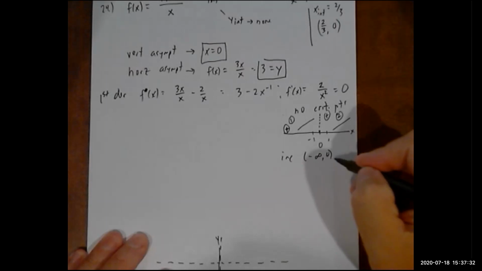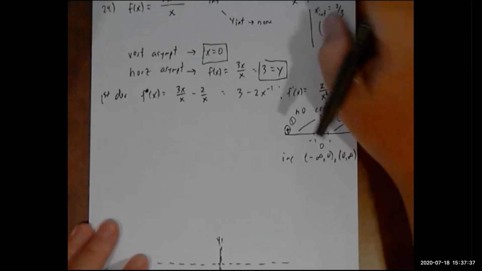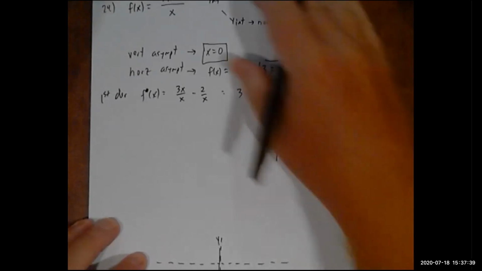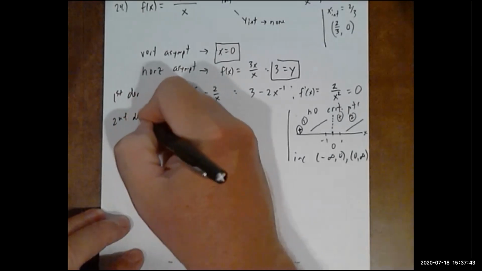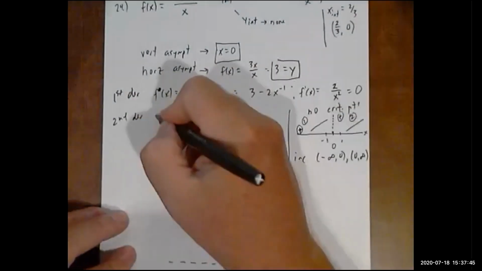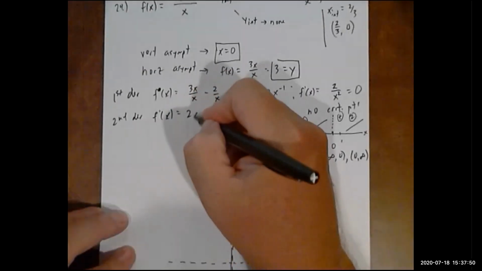Negative infinity to 0 and 0 to infinity. Second derivative information. So let's say the first derivative will start out with 2x to the negative 2.